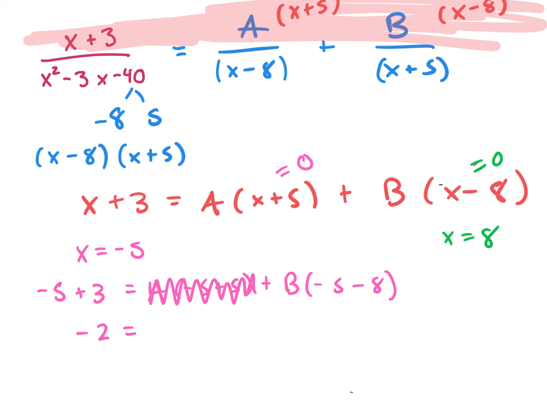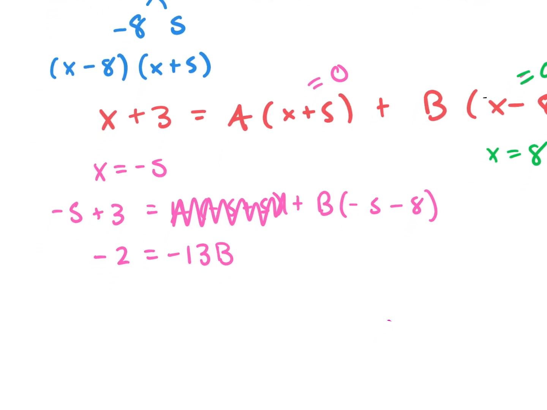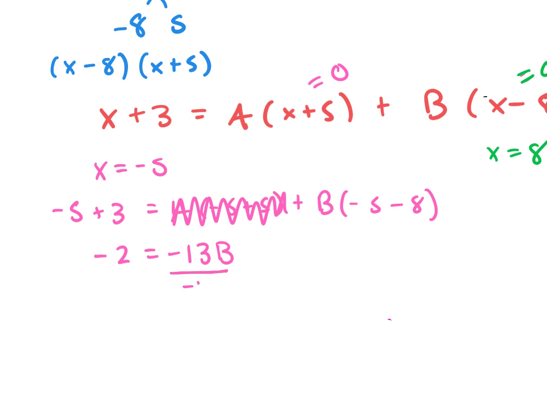So a goes away. So we're just left solving b. What's negative 5 minus 8? Negative 13b. Then we solve for b. So divide by negative 13. So b is equal to 2 over 13.